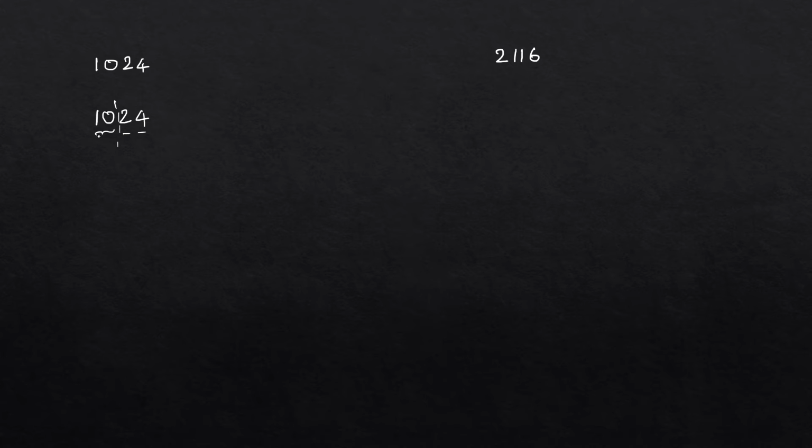Now you should check the nearest square to 10. What is 1 square? 1. 2 square is 4, 3 square is 9. So 3 3s are 9. Remainder is 1, and you should put these two numbers as it is. It will become 124.